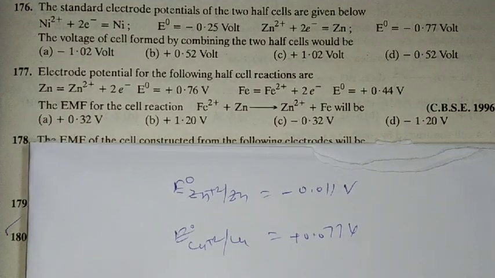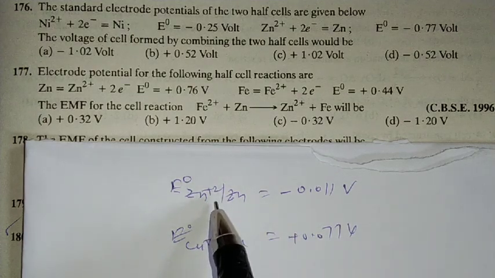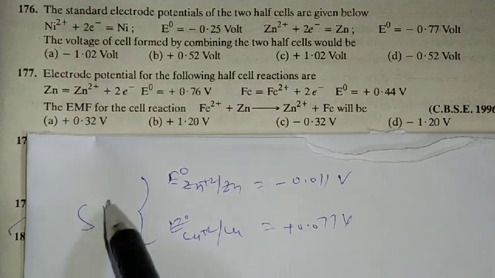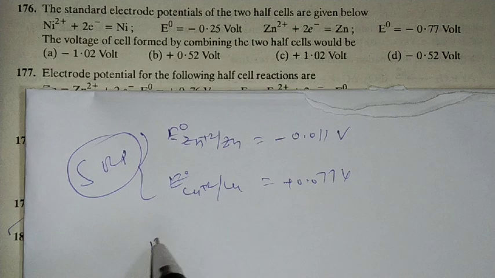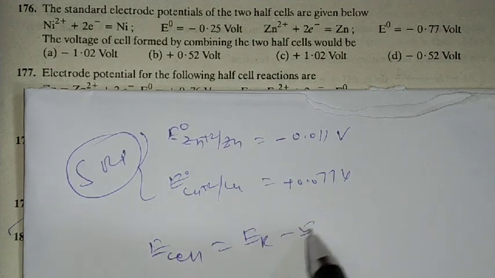Is it okay? Now just now I said to you, in these two, the highest negative value is zinc, that is why this acts as the anode half cell, the anodic half cell. This is the cathodic half cell. Now if both are converted into their SRP values, then the formula is simple. EMF of the cell is equal to E right minus E left, otherwise E cathode minus E anode.